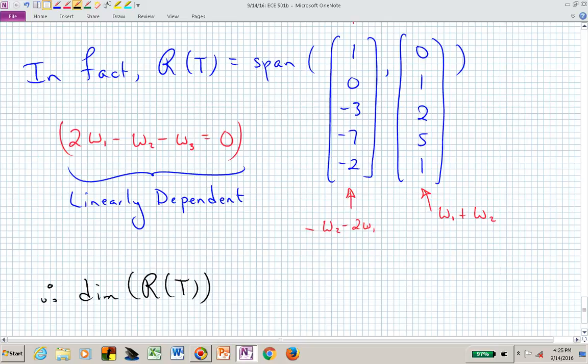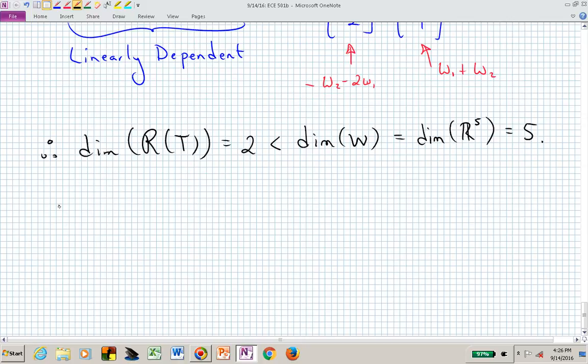We just have to count how many linearly independent columns we have. The dimension of the range of T is then 2. And that is obviously less than the dimension of our output vector space W, which is living in R5, or it is 5-dimensional.